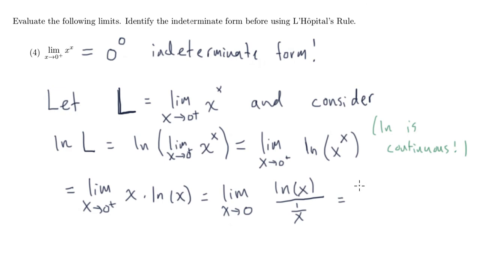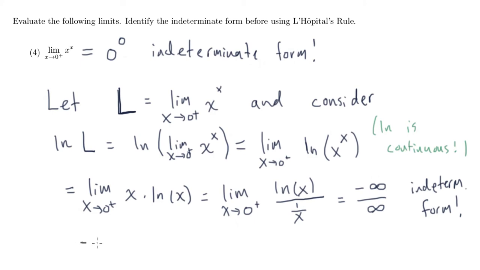And this is, again from the right, negative infinity over infinity, which is an indeterminate form. Okay, so now we have the indeterminate form in the right form to apply L'Hopital's rule.